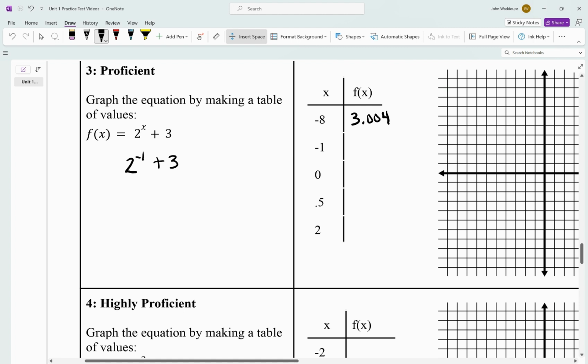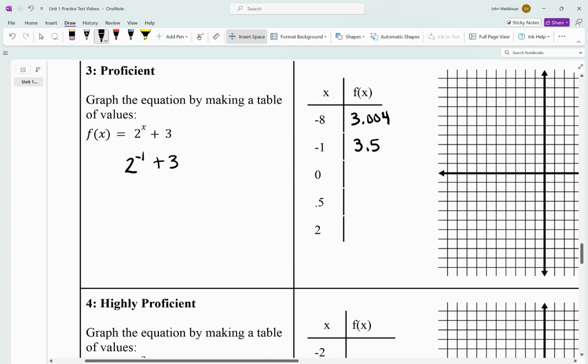What is 2 raised to the negative 1 power? Let's try that. I'm going to clear this. 2 raised to the negative 1 power equals 0.5. Once again, that's added to 3, so plus 3 would be 3.5. So here, this would be 3.5.